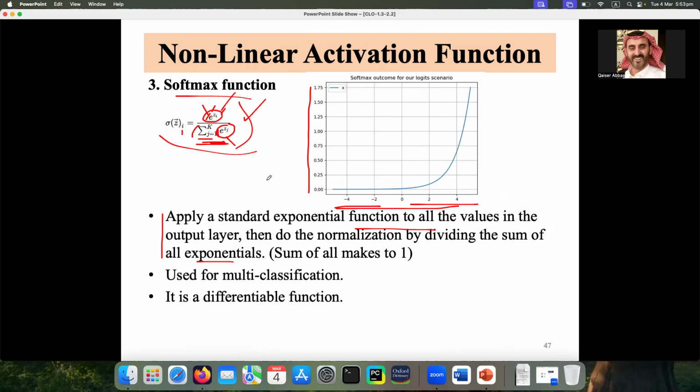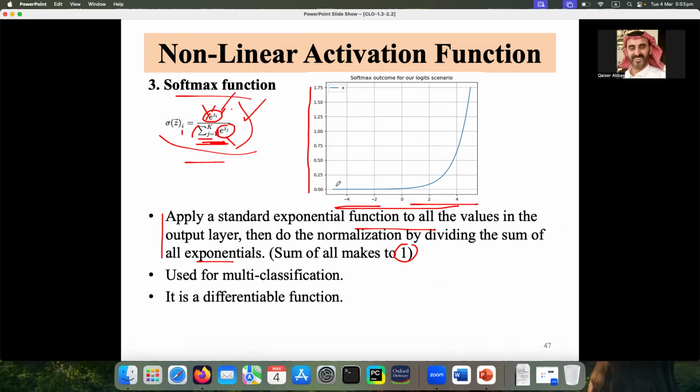When you divide, 1 over 10, 2 over 10, 3 over 10, 4 over 10, you will get some probability values, maybe 0.1 or 0.2, or 0.01, 0.03. Finally, when you add all the values up, you will get 1.